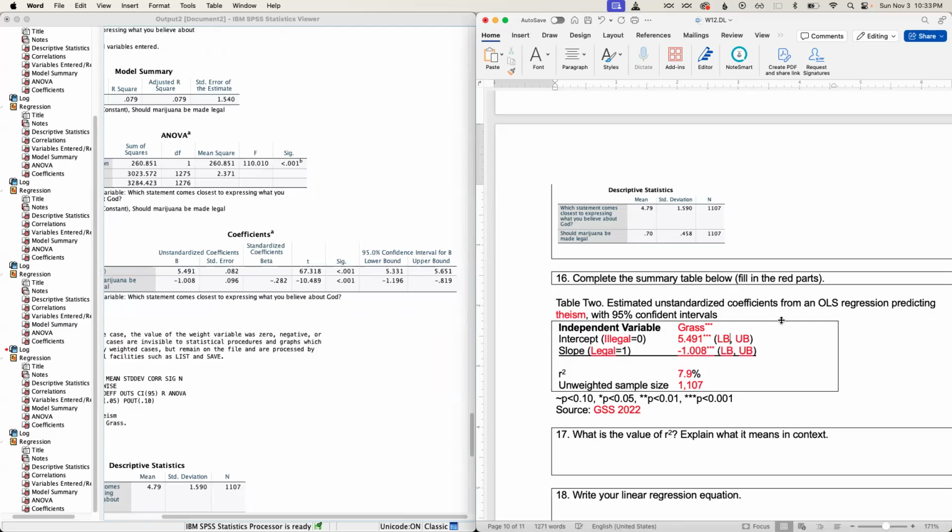And my confidence intervals. I would probably round all of this to the nearest hundredth if I was presenting this in a journal article or something else. I don't think you need this level of specificity.